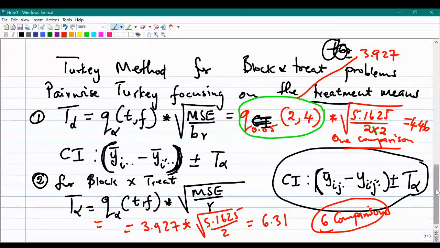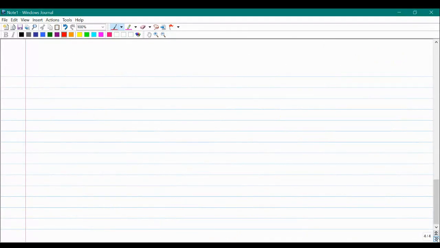So allow me, sorry if I'm rushing, allow me to show you the last one. If I show you the Tukey, or this time let me use the Newman-Keuls, because in the morning I used the Duncan, but the procedure is the same. So for Newman-Keuls, method 3.